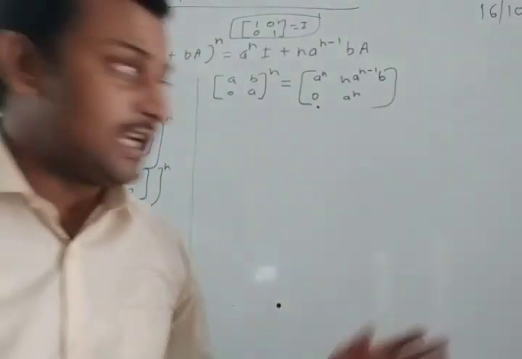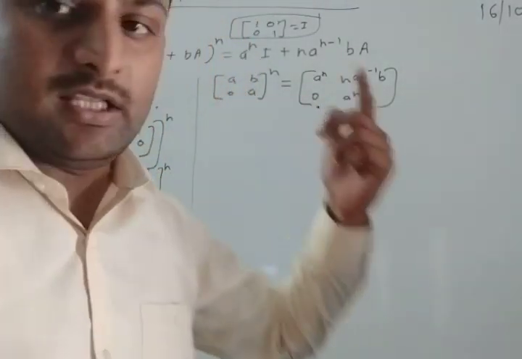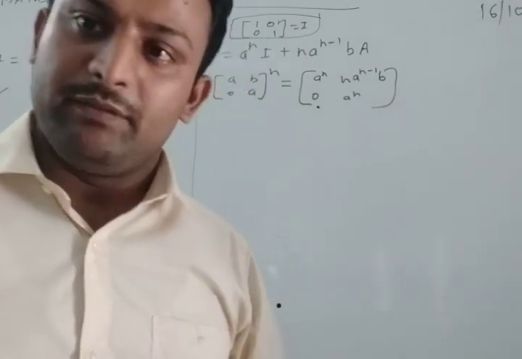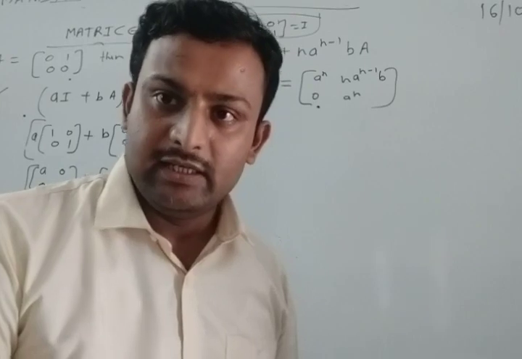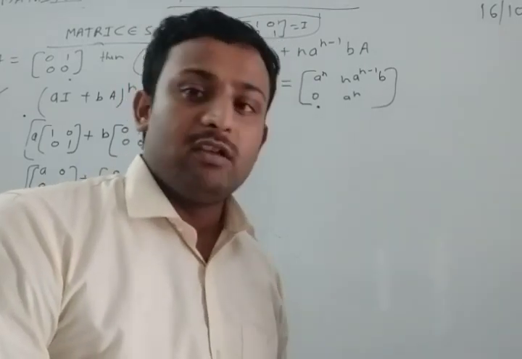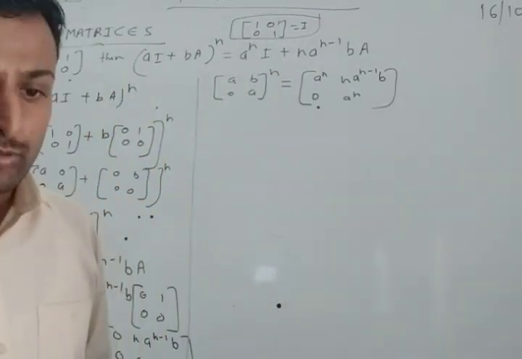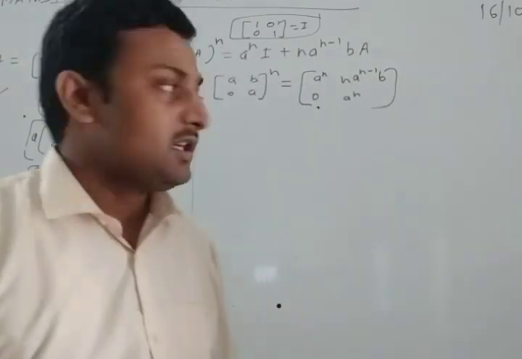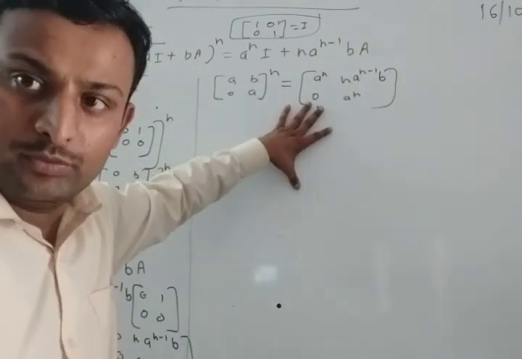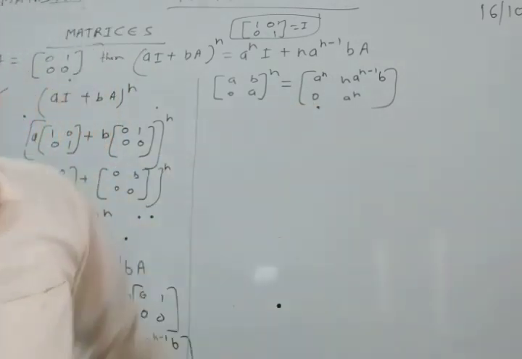We will first check the result is true for n is equal to 1. Then we will let that the result is true for n is equal to k. And what we will do after this? We will prove that the result is true for n is equal to k plus 1. Then our result will be proved. Okay, so let's start first.